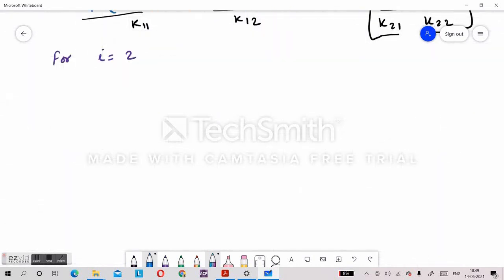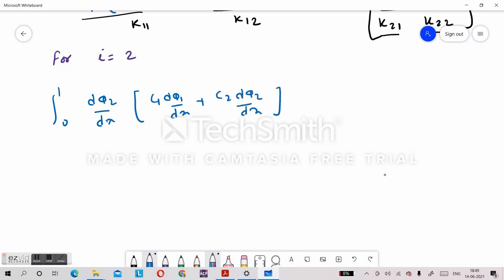Okay, so for i equals 2, this term will become integral 0 to 1 of dφ2/dx times c1 dφ1/dx plus c2 dφ2/dx, minus φ2 times c1 φ1 plus c2 φ2, and this whole dx.